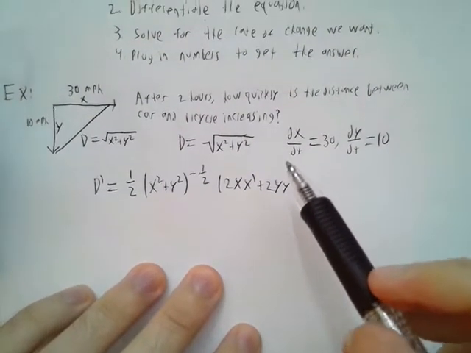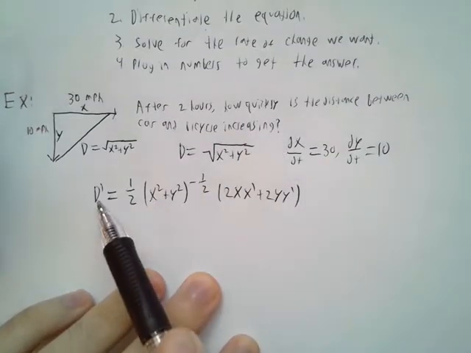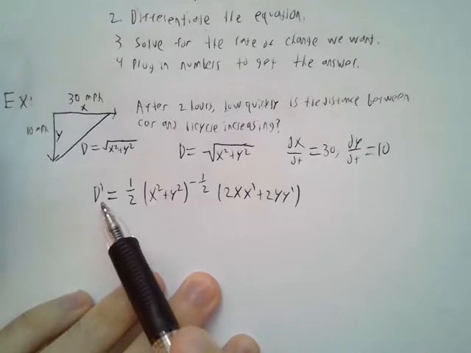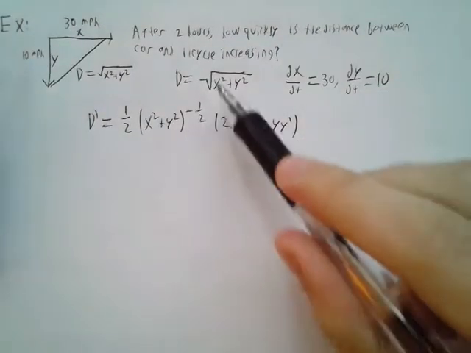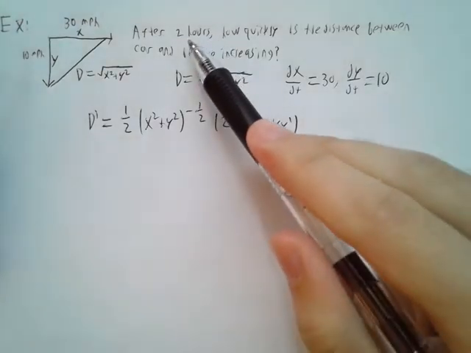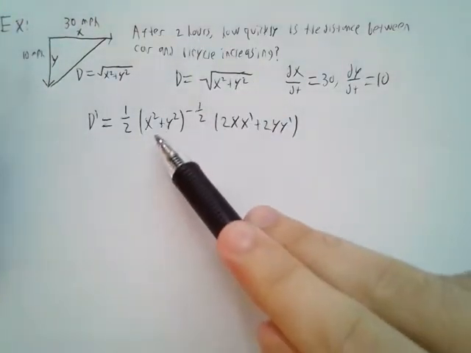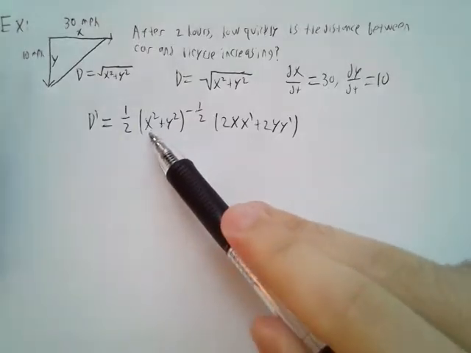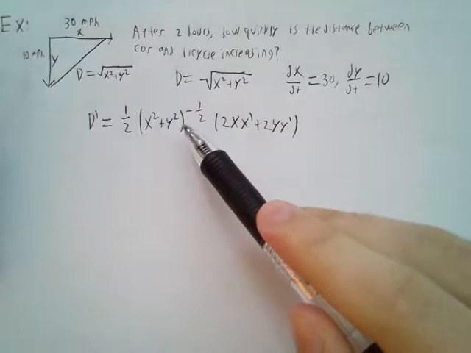So this is essentially steps 2 and 3, because we've already solved for the derivative we want to know. We want to find d prime. And so the question now is, how can we find d prime at the time t equals 2 hours? Well, based on this equation, we'll need to know what x of t is at that point and what y of t is at that point.